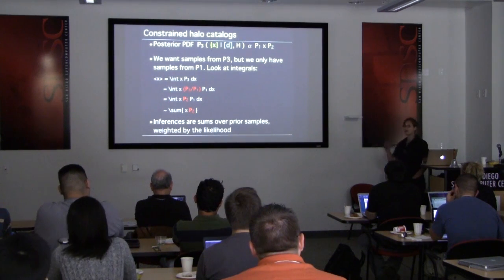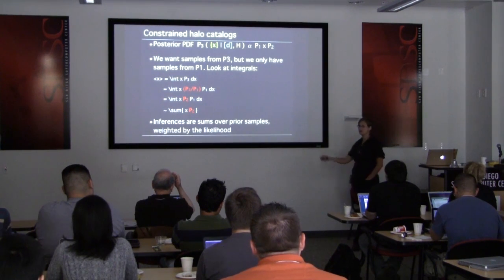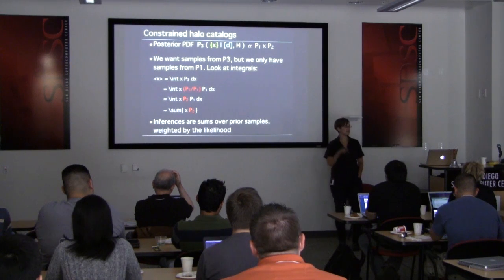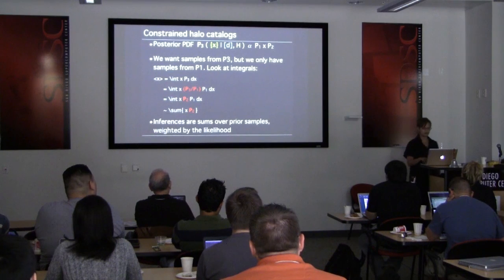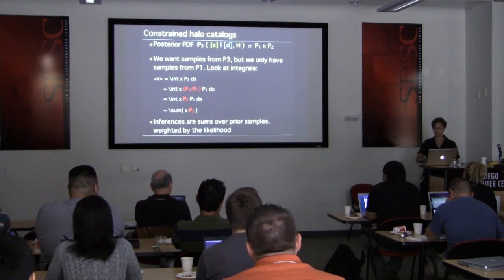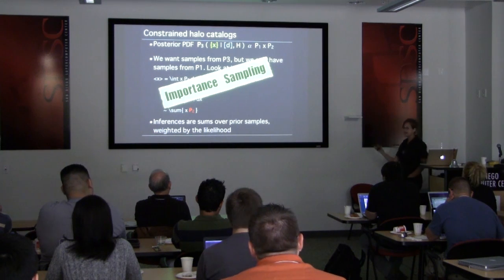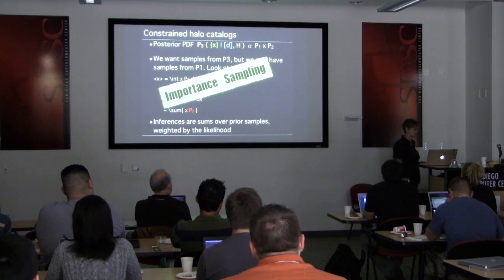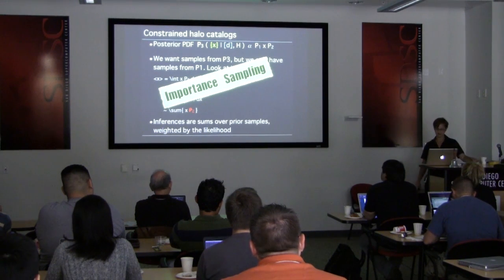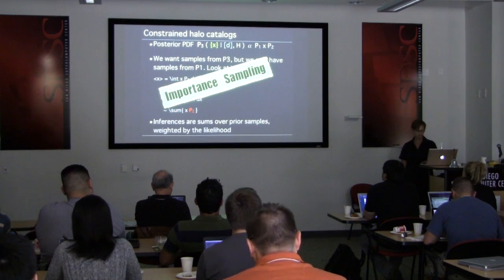So you take every halo in the simulation and you weight it by the likelihood that its observable properties look like the observable properties of the actual Magellanic Clouds, and then that gives you this inference. Okay, this is what's known as importance sampling, and it's used in many areas of astrophysics, many areas of other statistical applications, to any area of science.